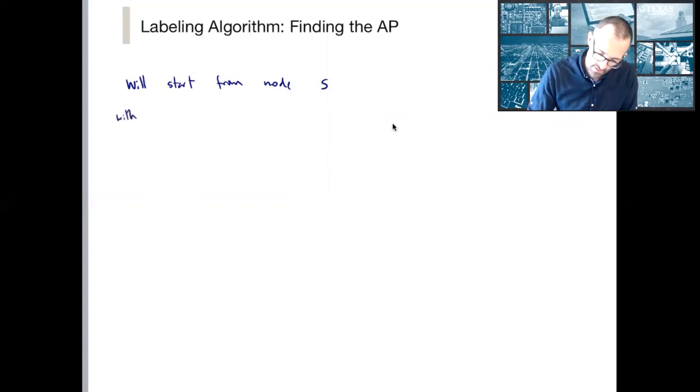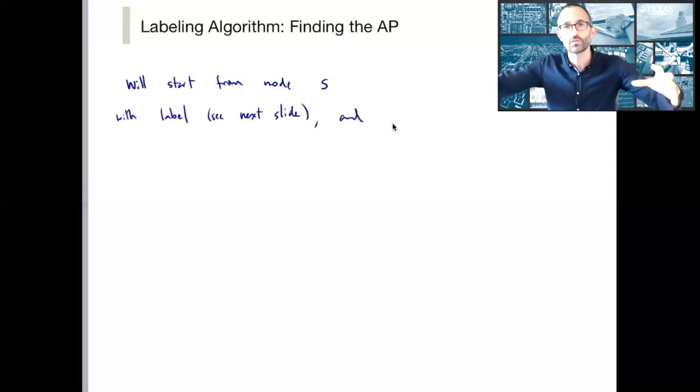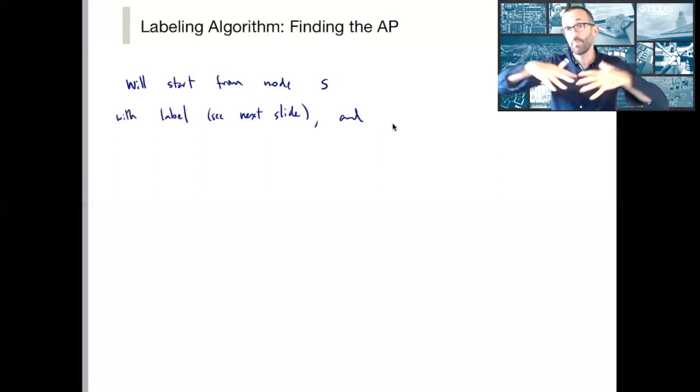With a label, and I'll explain what these labels are. I'll just write C next slide. And from S, we look at all nodes adjoining S, and we label all of those. And now we have a bigger set of labeled nodes.